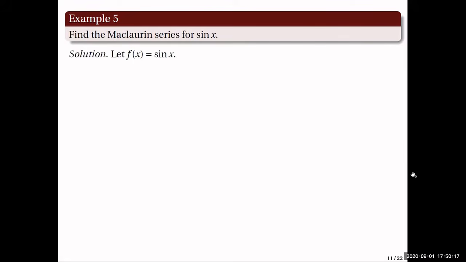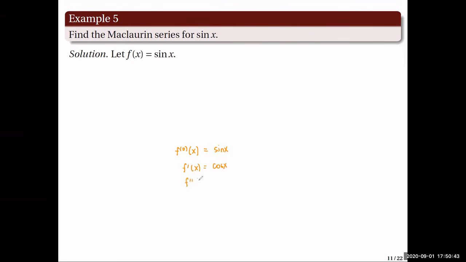So to start, let f of x equals sine x. Now here we will need to find the derivative of all orders of sine x. So let's consider f0 of x, or f of x equals sine x. Okay, and then we have f prime of x equals cosine x.